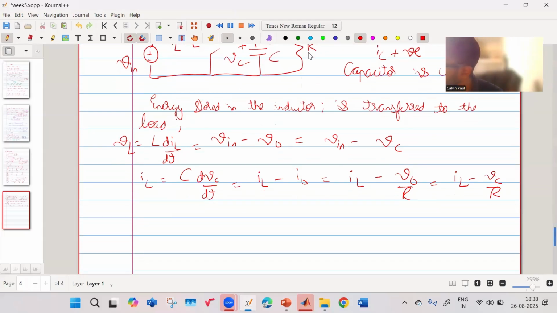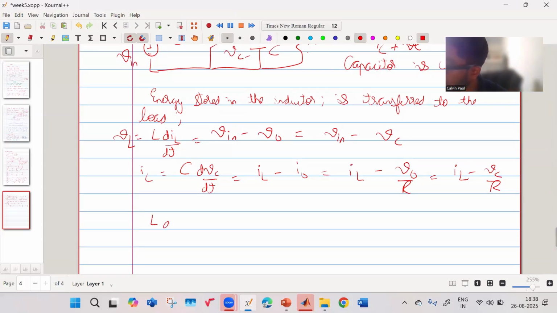Now again we do the same thing. L dIL by dt is equal to 0 times IL minus VC plus V in. Let me divide by L, so it is 0 minus VC upon L plus V in upon L.